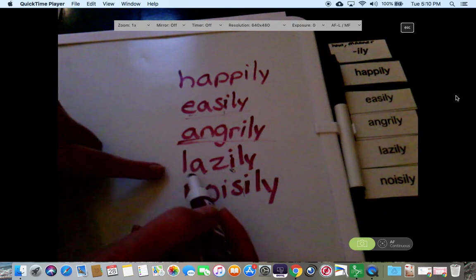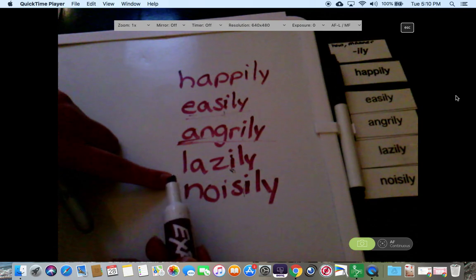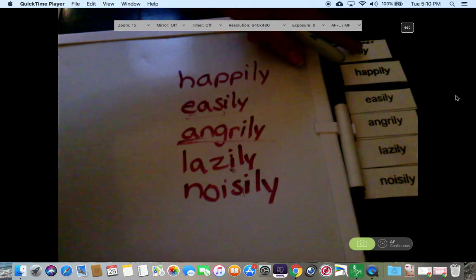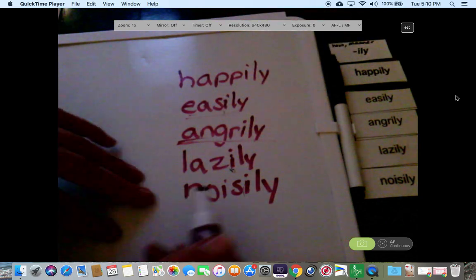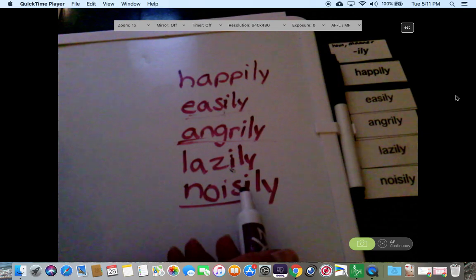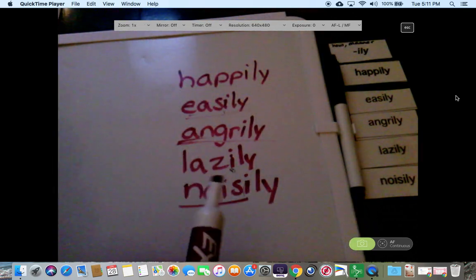So you might say, oh, I lazily got up and put my toys away. And you kind of did it really slowly. So again, when you have that ly, it's the manner in which you did it. And noisily, okay? The children ran back to class noisily from the library. Meaning, again, how they did it and the manner that they did it noisily, meaning that they were very loud.